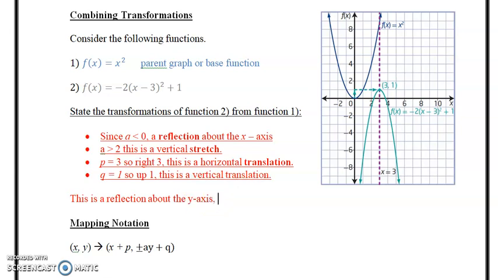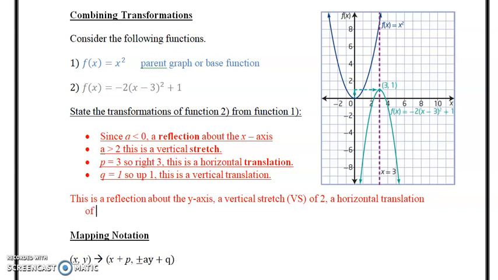So it opens downward instead of upward. A vertical stretch, VS for short, of 2. We don't say it's -2. The negative is represented by the reflection about the x-axis. That's the negative part.